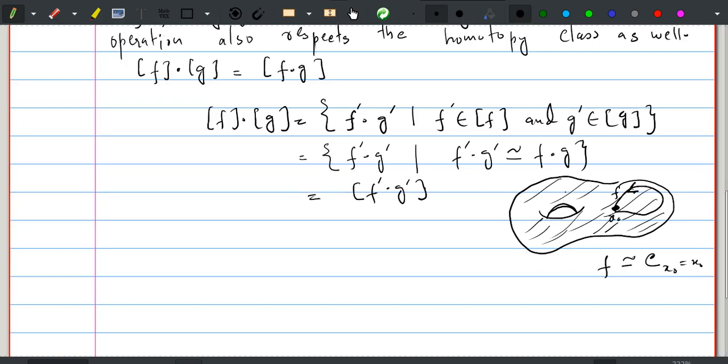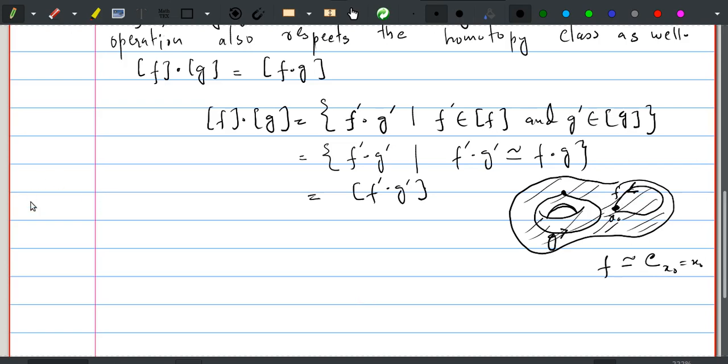However, if we have a loop around this neck, around this hole here, say this is the loop G, we cannot contract this loop back down to this point, because it is going to get caught near this hole. So these two loops cannot be homotopic. We cannot deform one loop into another.